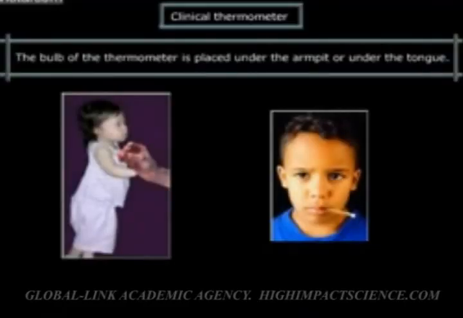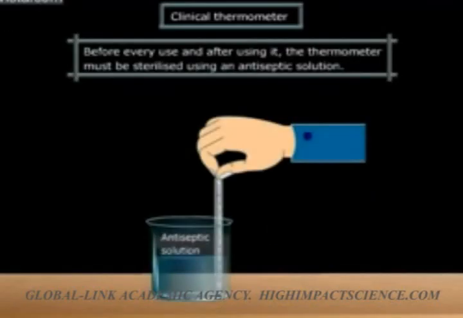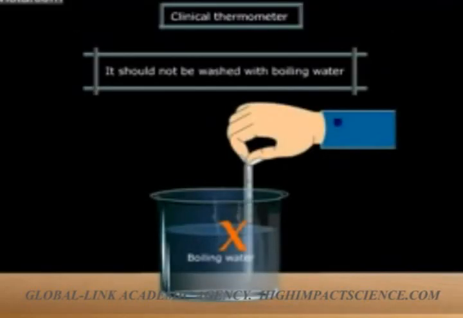To take the body temperature, the thermometer is placed under the armpits or below the tongue. The thermometer must be sterilized before and after use using an antiseptic solution. It should not be washed with boiling water, since this could cause breakage due to extreme expansion of mercury.